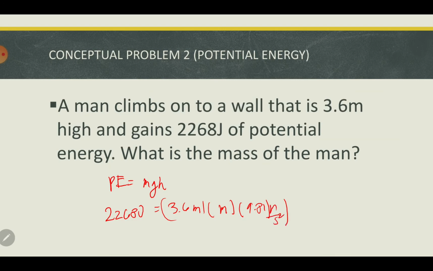So your mass is equal to 2,268 joule divided by 3.6 meter multiplied by 9.81 meters per second squared.